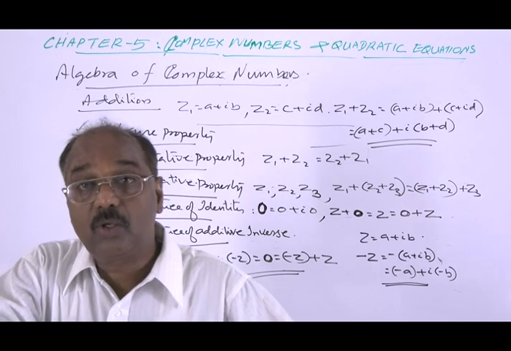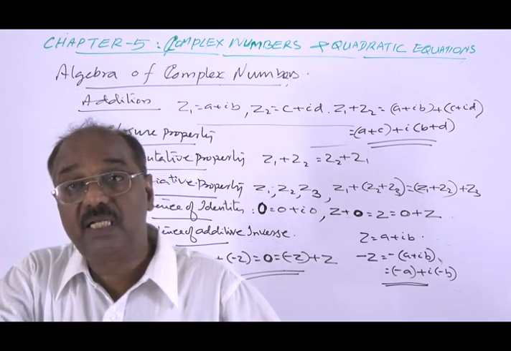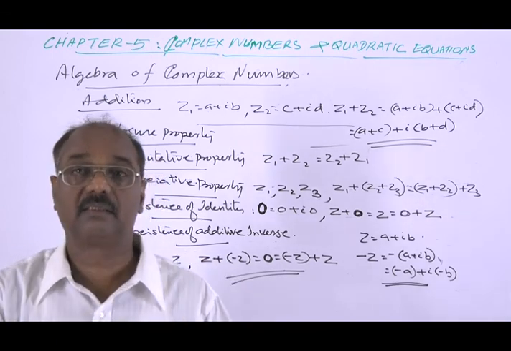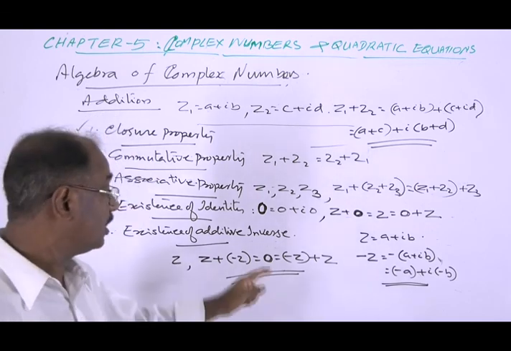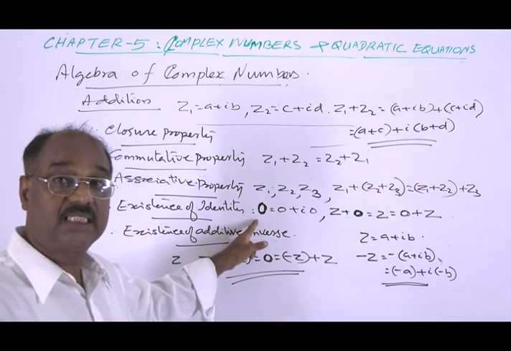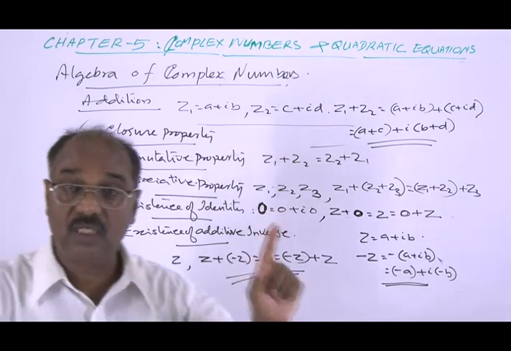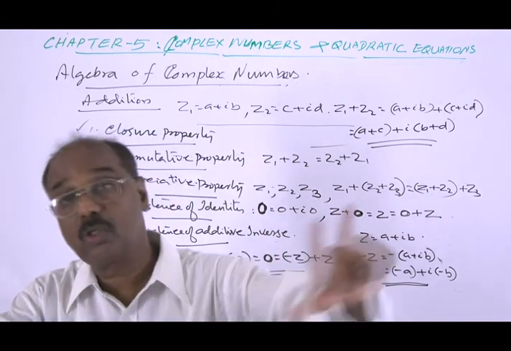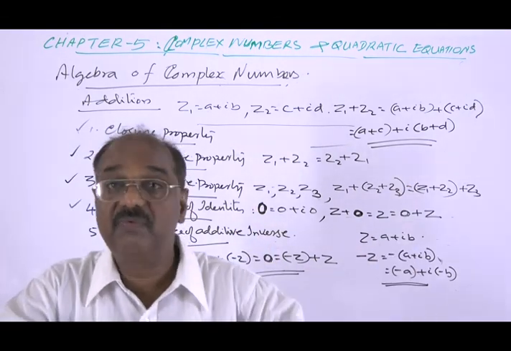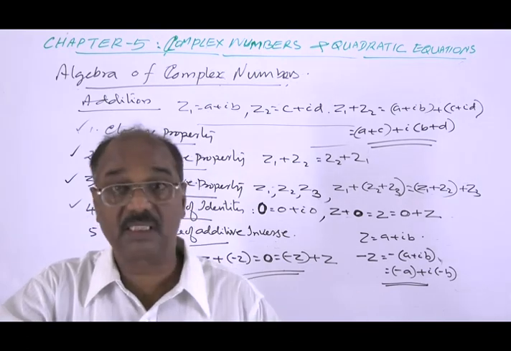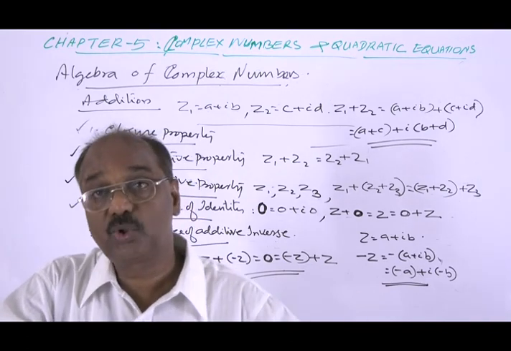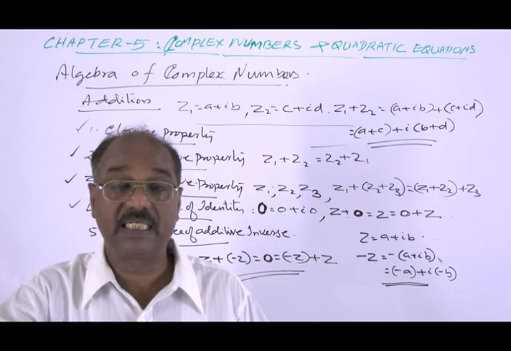And remember, in the case of this inverse, for every element we have its own inverse. For infinitely many complex numbers, we have infinitely many inverses. That is not the case with the identity. There is one and only one identity element for all the complex numbers. But for each complex number, we have its own inverse, additive inverse.